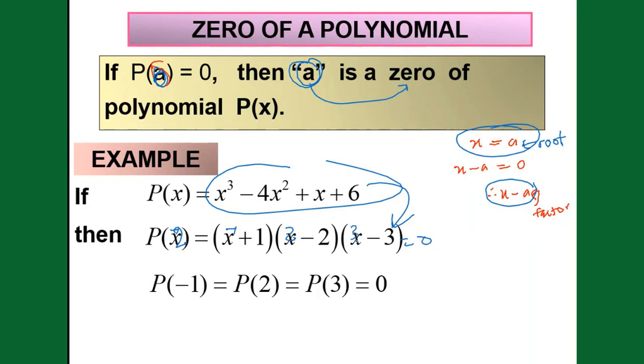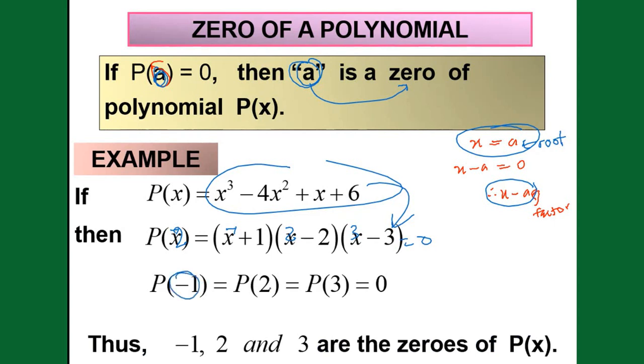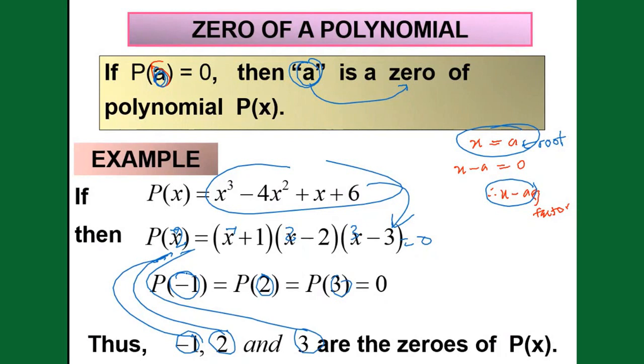Substitute 3 kat sini 0 juga. So we can see that negative 1, 2, 3 are zeros of the polynomial, because when substitute the value, the polynomial jadi 0. Dia menzerokan polynomial. We call that one zero.